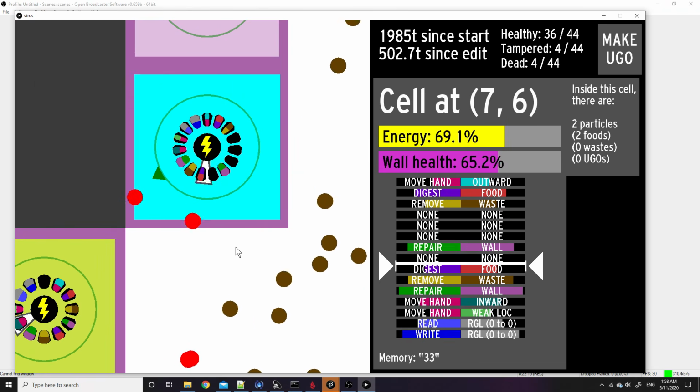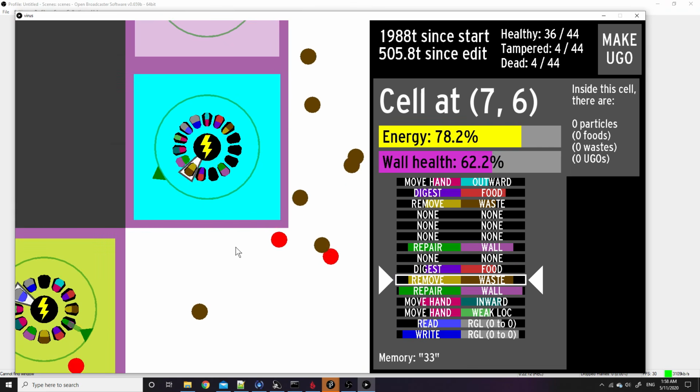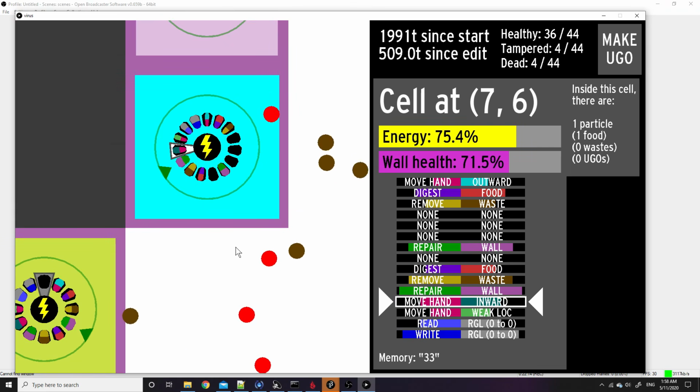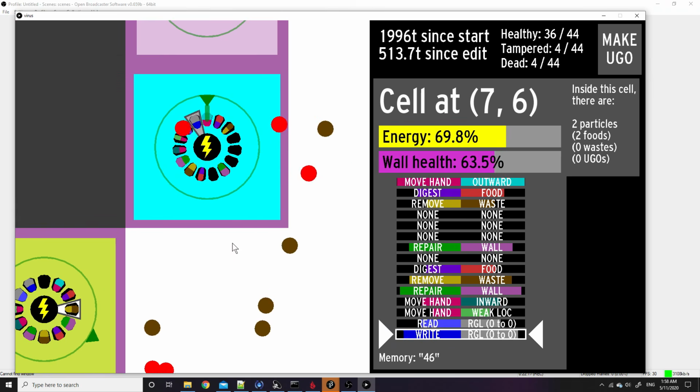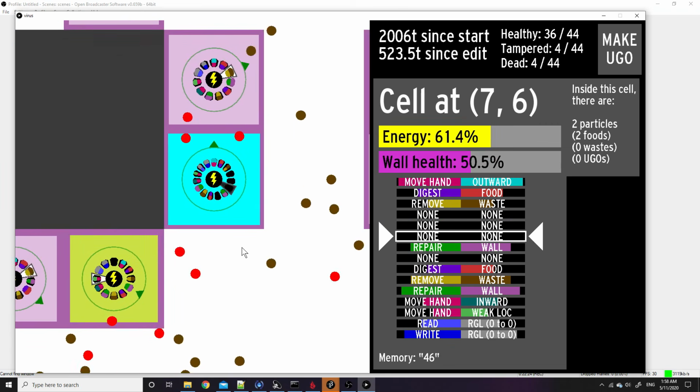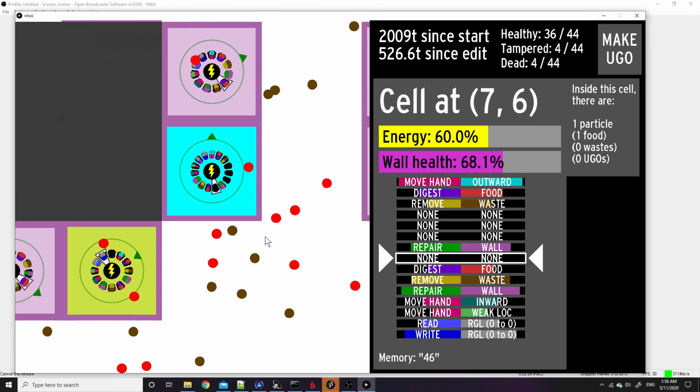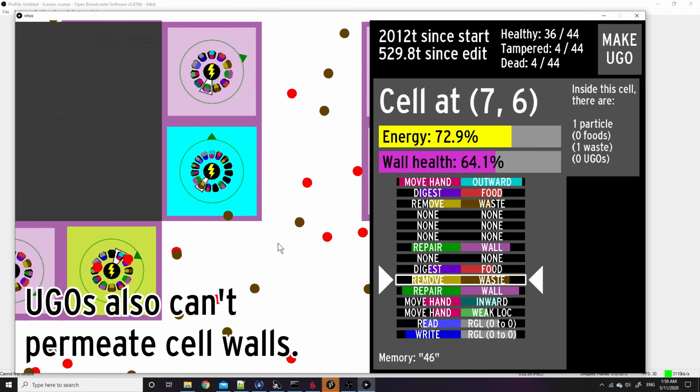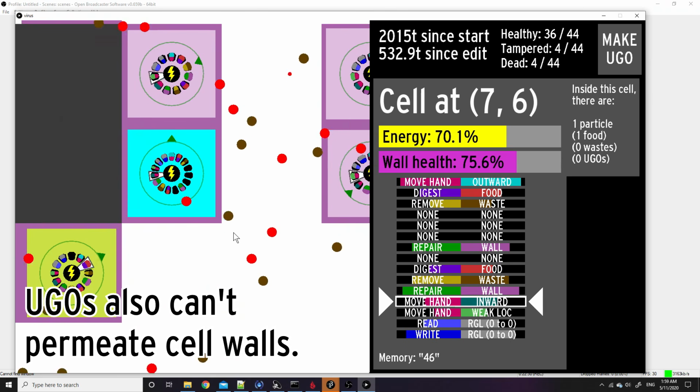So if the hand is pointing outward, then it's going to create an unidentified genetic object outward into the world. So that is what those black dots that were bouncing around were. Those will stay inside of a cell until the cell's wall is destroyed, because the cell doesn't have any mechanism to remove the UGOs.